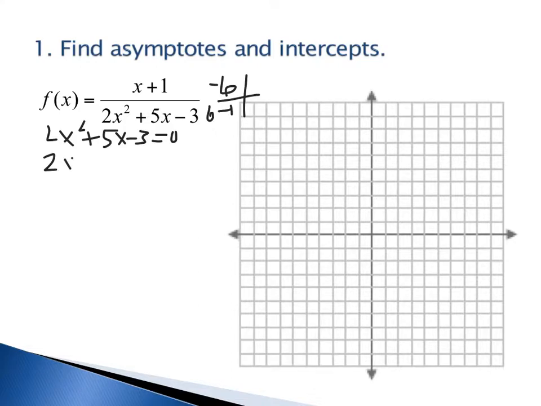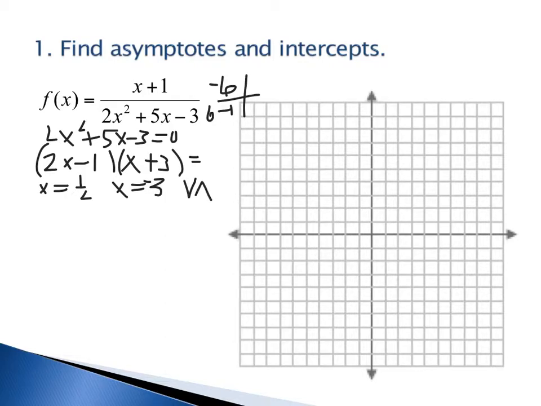So we have 2x and x. Okay, so we know that 2 goes into 6 3 times, so it's going to be +3. And then the -1 goes here. So that means that our vertical asymptotes are going to be x equals 1/2 and x equals -3. Okay, that's our vertical asymptotes.